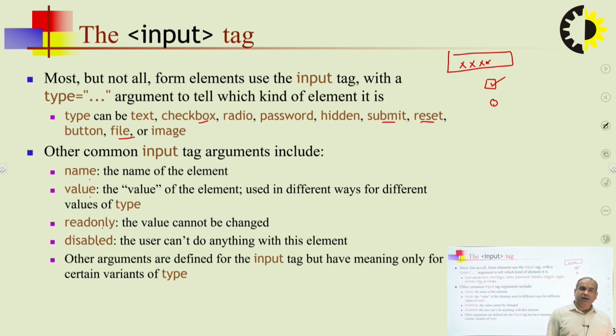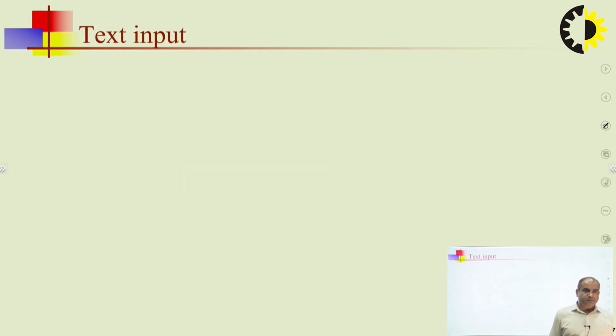Disabled: the user cannot do anything with that element. Other arguments are defined for the input tag but have meaning only for certain variants of type, which will be discussed with those particular values.